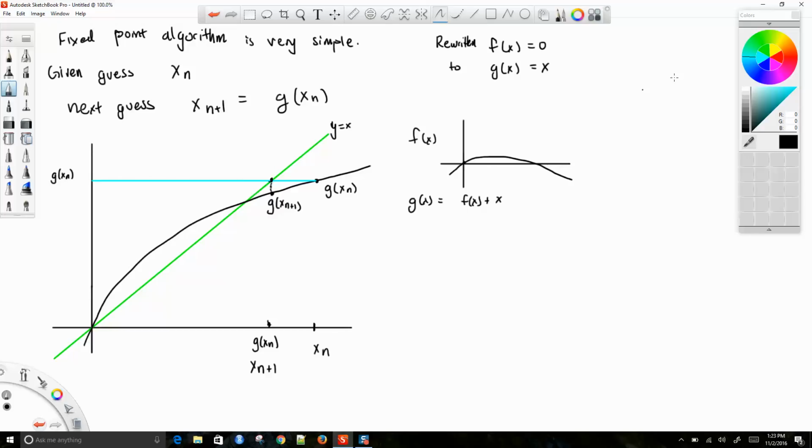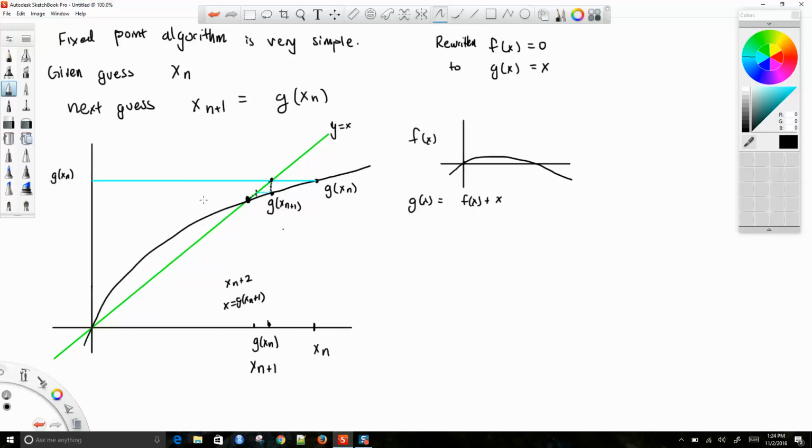And I can kind of cut across over to here. This location is now where x is equal to g of x of n plus 1, and I'm going to call this my x of n plus 2. Does that make sense? If we keep going and going, this will eventually converge to this point right here.